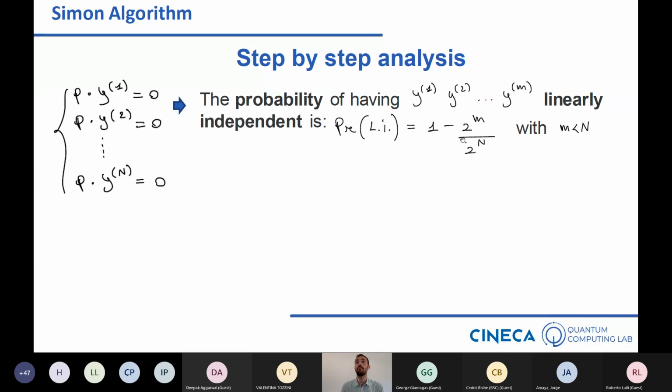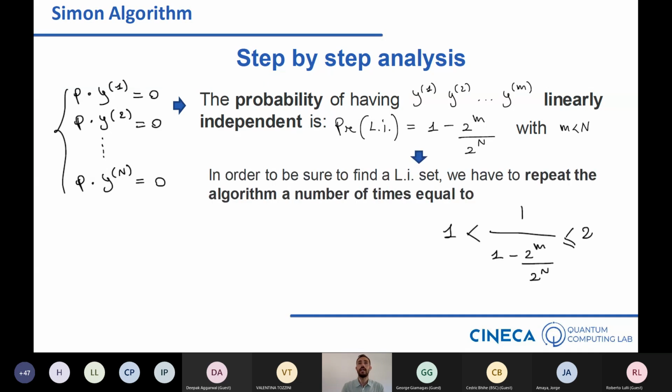So it's 1 minus 2 to the m over 2 to the n. And you can show that in order to be sure to find a linearly independent set, we have to repeat the algorithm a number of times equal to 1 over the probability of finding in output strings that are linearly independent. So 1 over this probability here is a number that is between 1 and 2. And you have to do it n times.